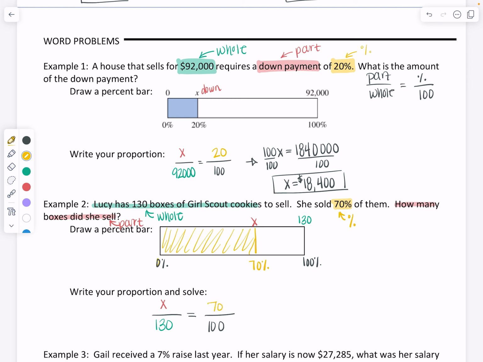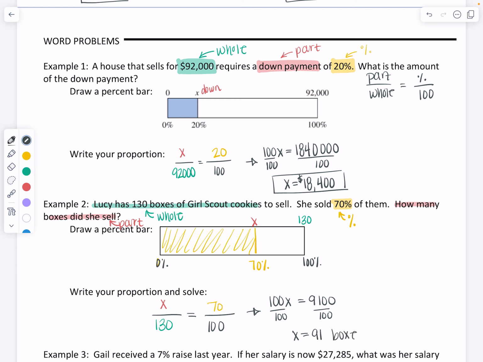So X over 130 equals 70 over 100. I need to cross multiply. 100 times X is going to give me 100X, and then 70 times 130 is going to give me 9,100. Divide by 100, divide by 100, and get that X equals 91 boxes.